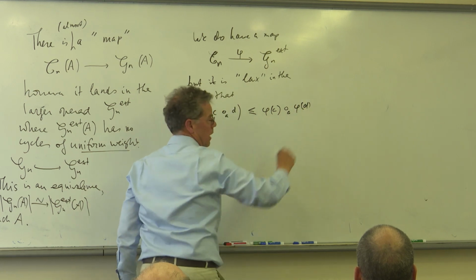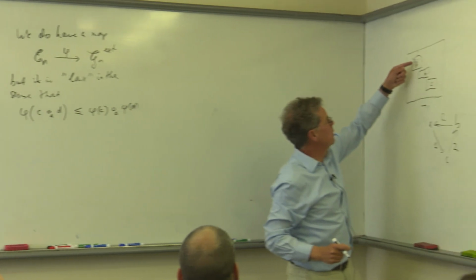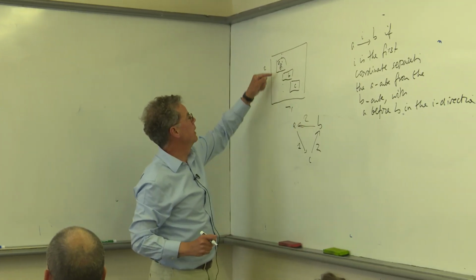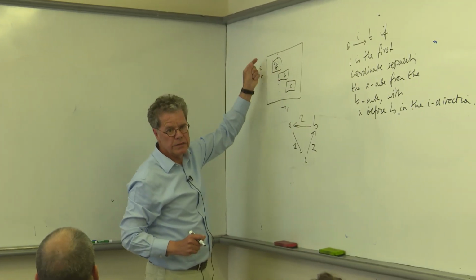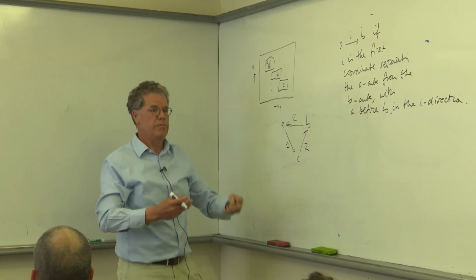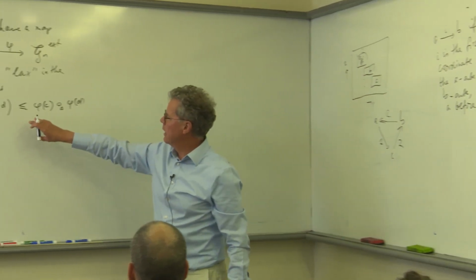Because here I have to keep the same weights. Here is a weight between A and B, that's this one here, and if I substitute I have to keep the same weights, okay? But the separation may be better. So I have a lax map.